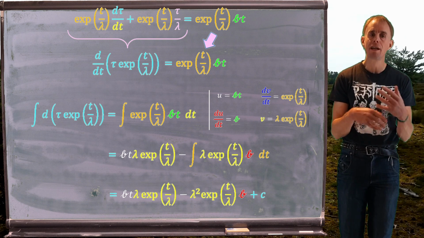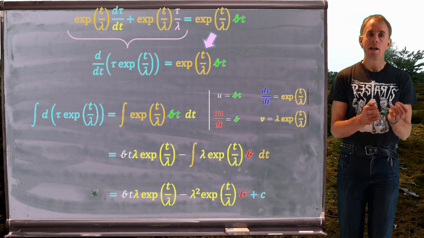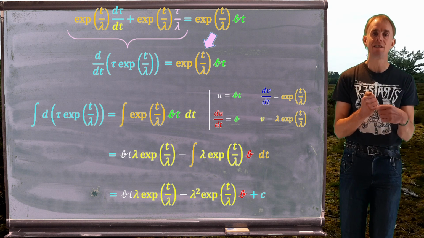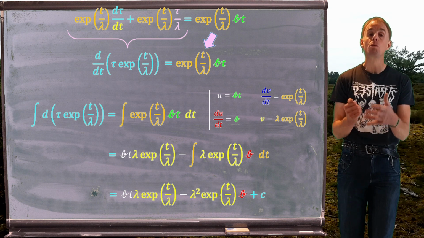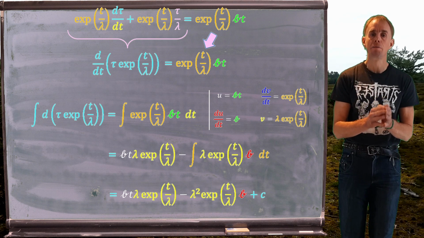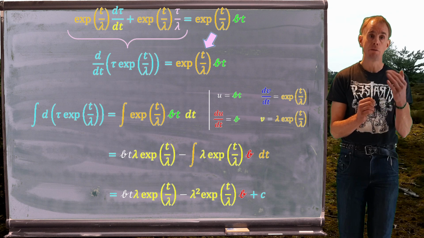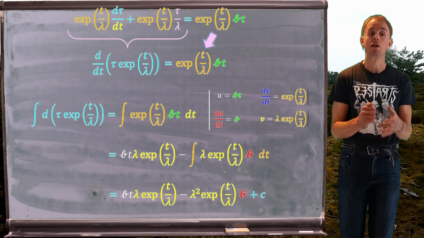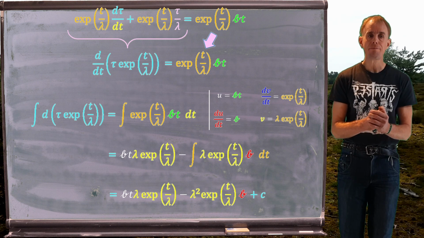So we wouldn't have eliminated t, we'd have made its order increase. And if I'd chosen instead to differentiate e to the t over lambda, we'd have still had a term with e to the t over lambda. So we would have been worse off. So we need to choose our terms when integrating by parts quite carefully, such that we can eventually, preferably within one integration, maybe within two integrations, eliminate the term that's giving us problems.